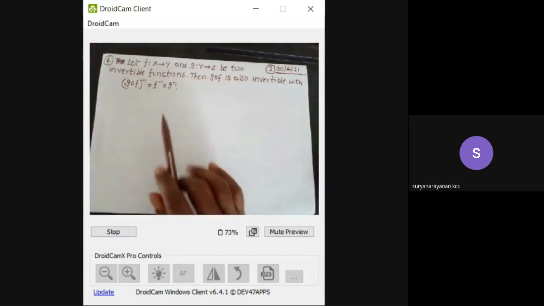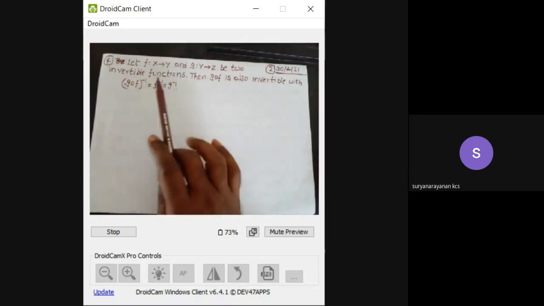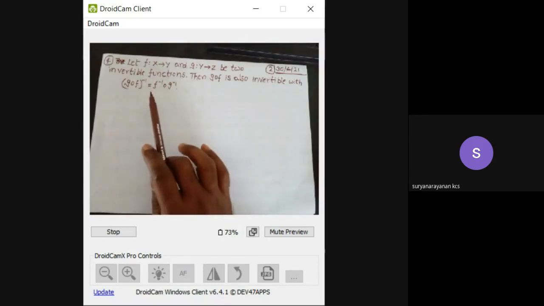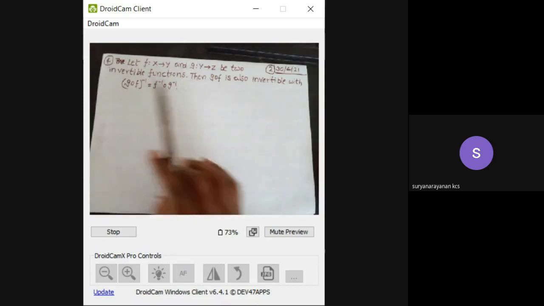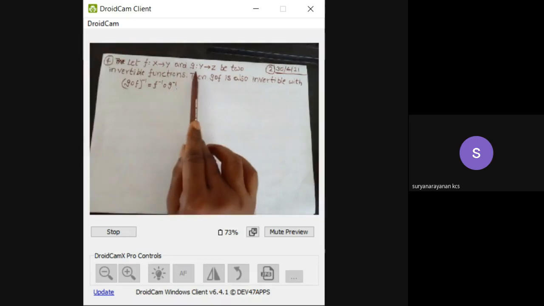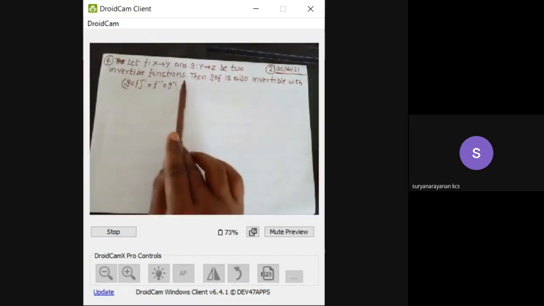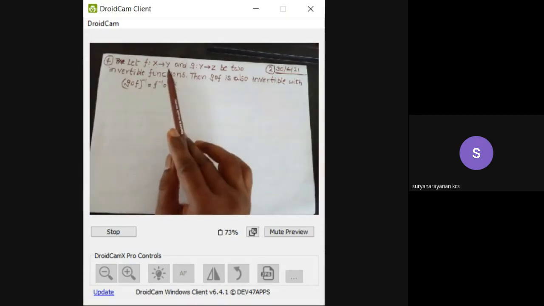This point is a combination of composition of two functions and the inverse concept. See here, let f be a mapping from x to y and g a mapping from y to z, two invertible functions. These two are invertible. What is meant by an invertible function? Tell me.